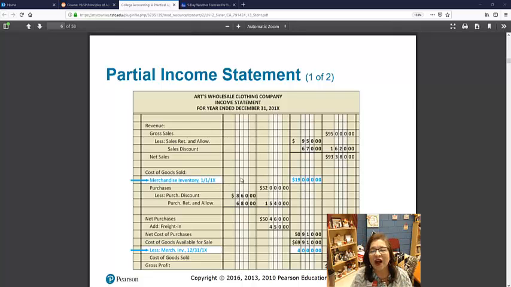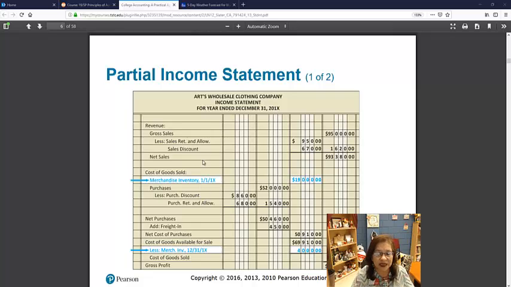Now, it gets even better. Now we have to see what is the merchandise of the amount that we had. Remember, we had 19,000, and then we also had our purchases. But we have purchases less our purchasing discounts, and then our purchases returns and allowances of the inventory that we don't have. So we're going to subtract these two, the purchasing discount and the returns and allowances, okay?